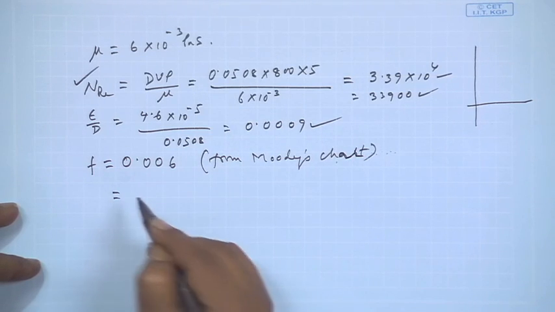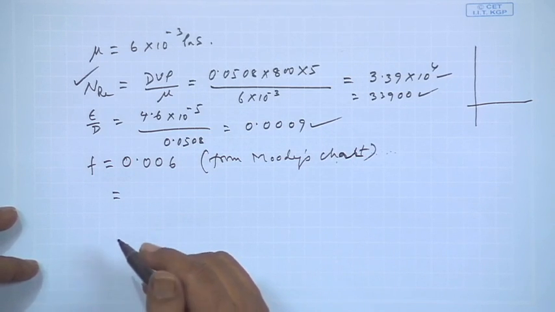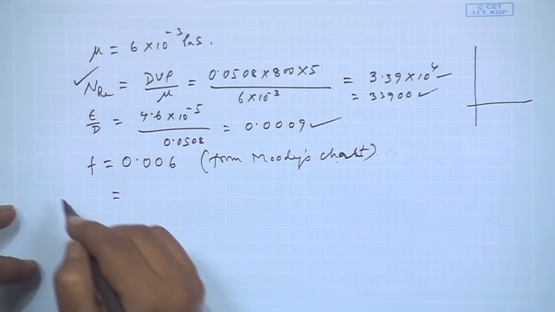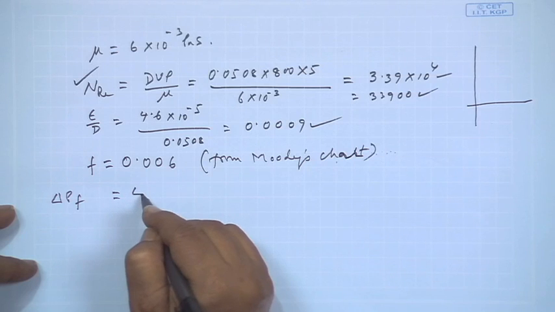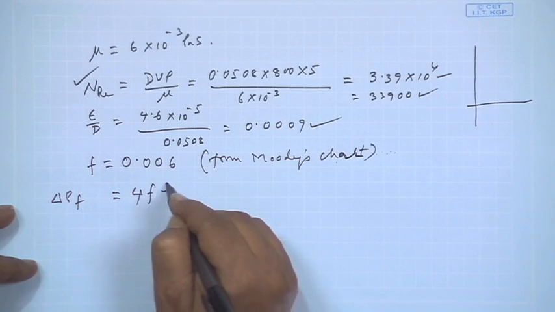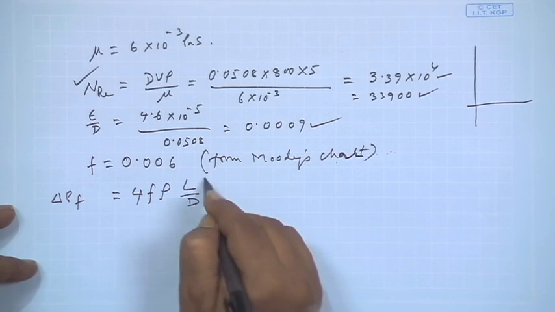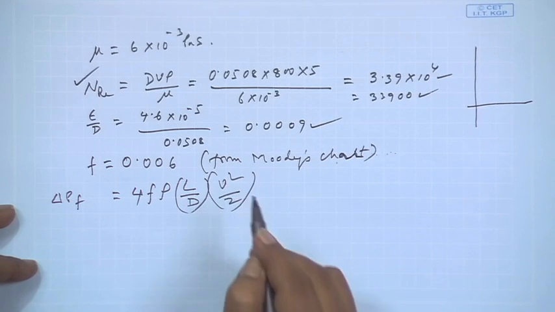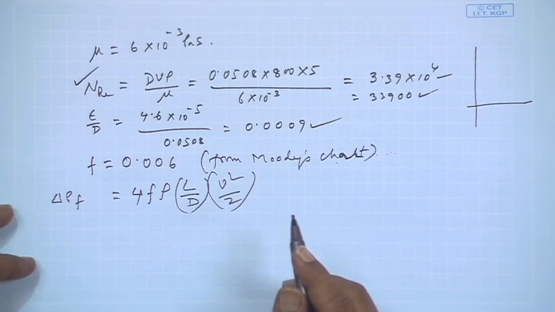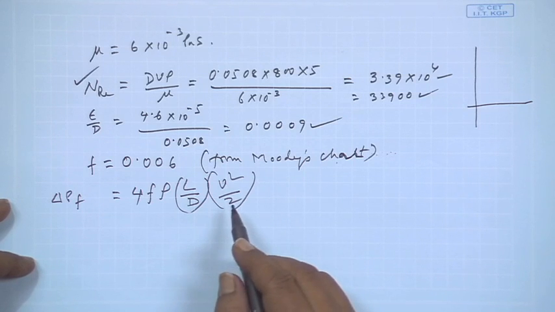Now, delta PF we can find out. Delta PF is 4 f rho L by D times V square by 2, right. All these values are known.